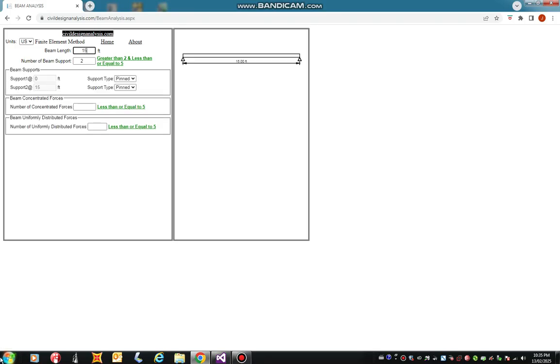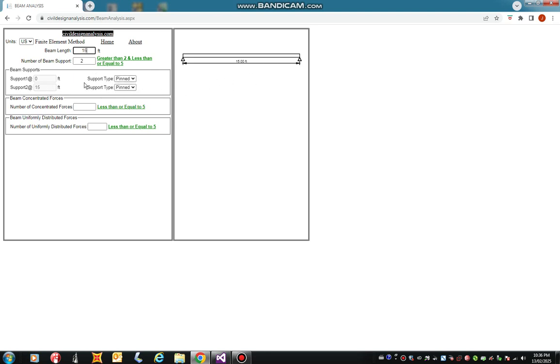By default it shows a simply supported beam with 2 supports, one at each end. Support 1 is at 0 feet, and support 2 at 15 feet.